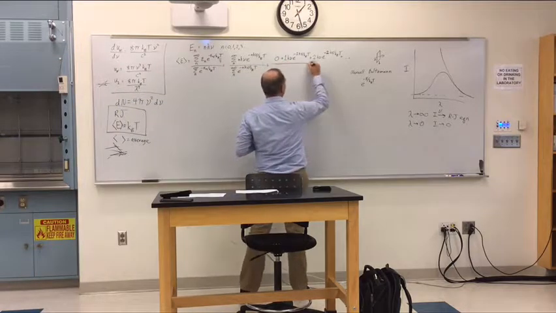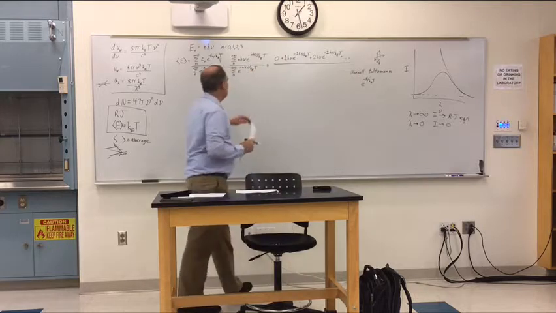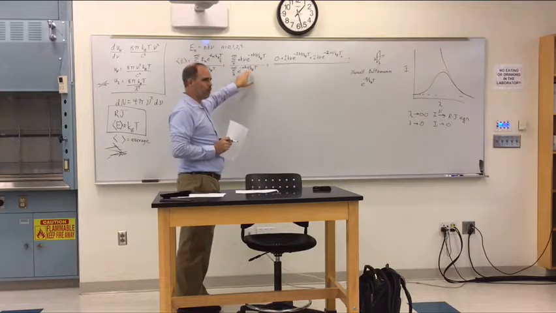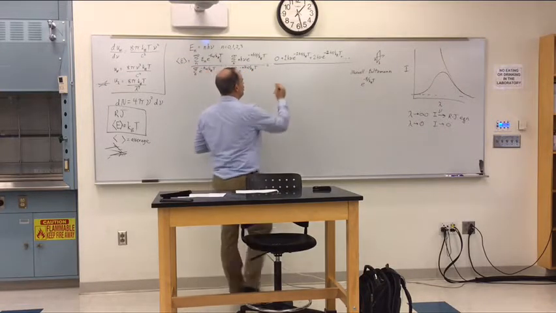The pattern for the denominator: if we plug a 0 in for n, then this is e raised to the 0. E raised to the 0 is 1. So our first value is just going to be 1.